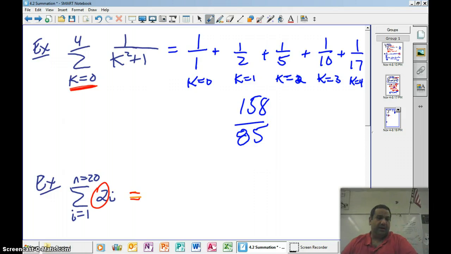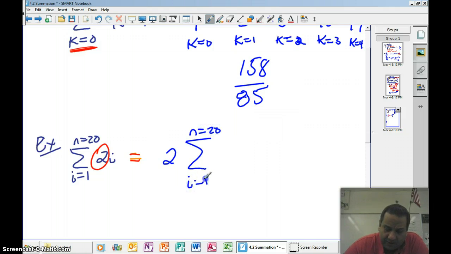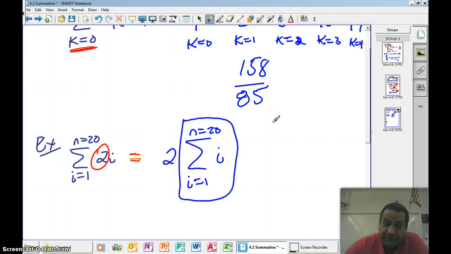The next one, I'm going to try and do it a little nicer. I'm going to say that this is 2i. So I'm going to bring the 2 out. Any constant I have, I bring out. All right, and I'm going to try to use those formulas to help me out. This one is the sum of i. Well, this one I know as a formula is 20 times 21 divided by 2.